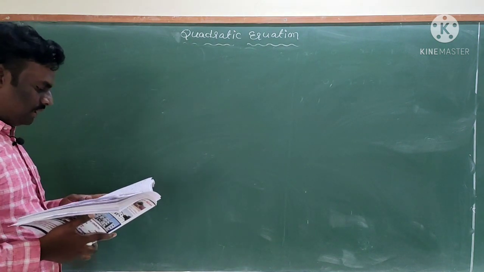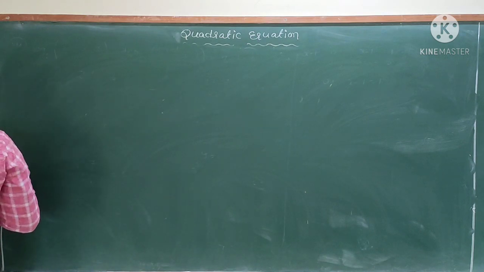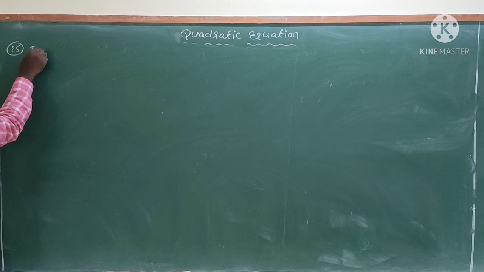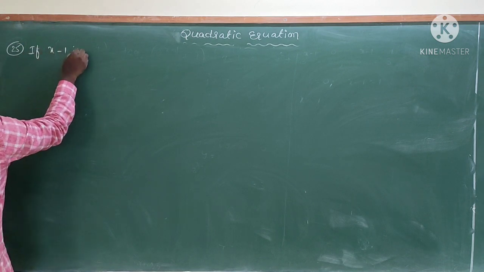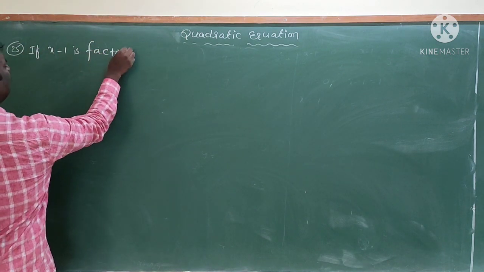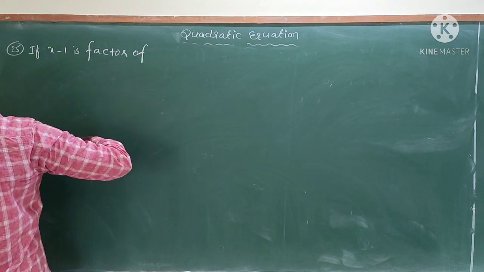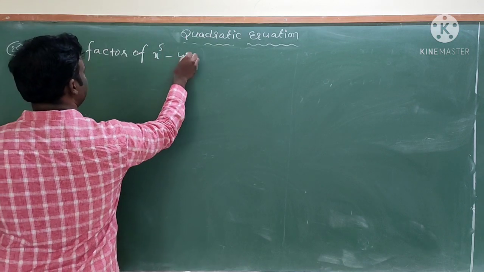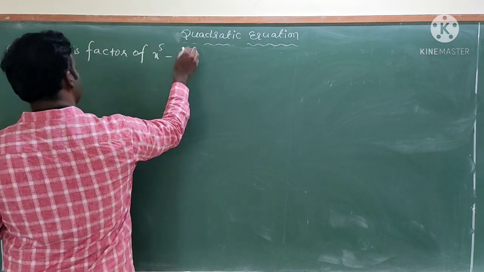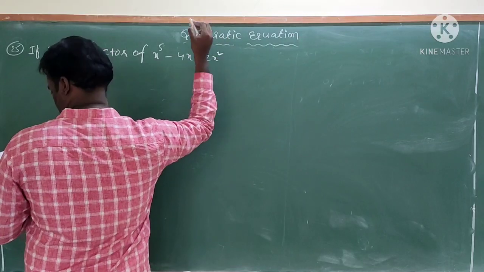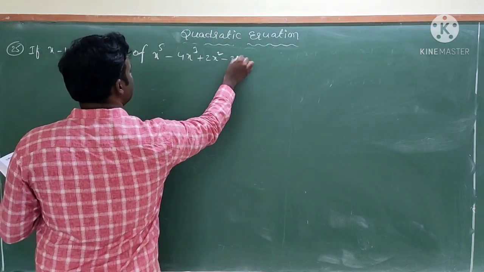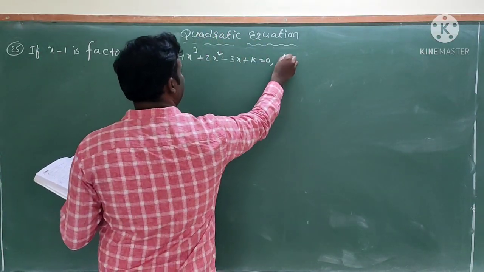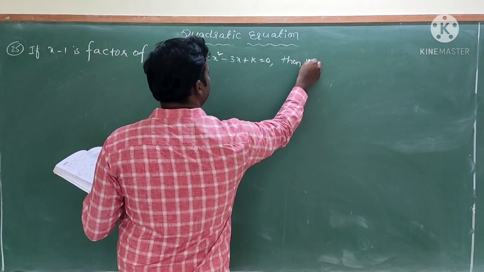Okay. Next question. Question number 25. If x minus 1 is a factor of x power 5 minus 4x cube plus 2x square minus 3x plus k equals 0, then we need to find the k value.